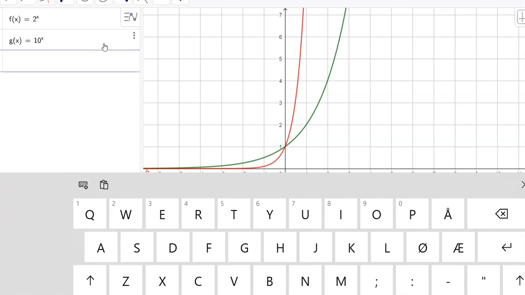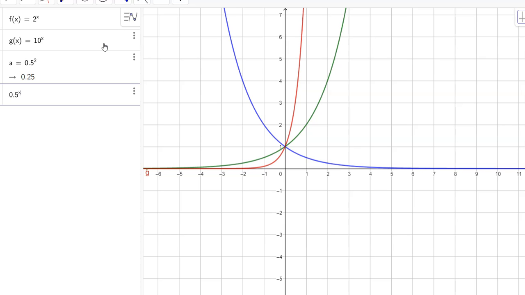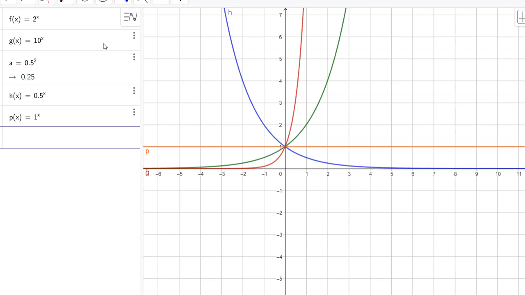And if, for example, we have a half raised to the power x, then instead the curve will go down. And if we have a trivial example of 1 raised to the power x, which is a bit silly because it's always equal to 1, then we will have the orange curve.